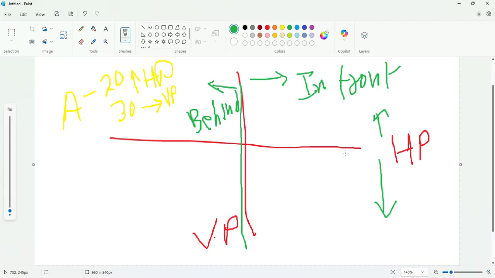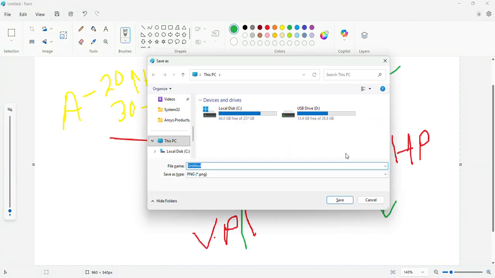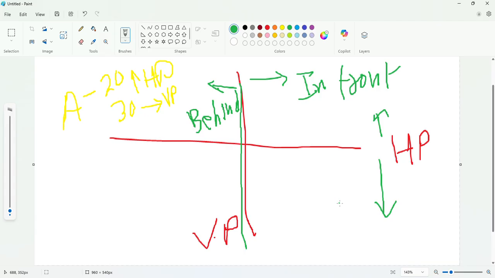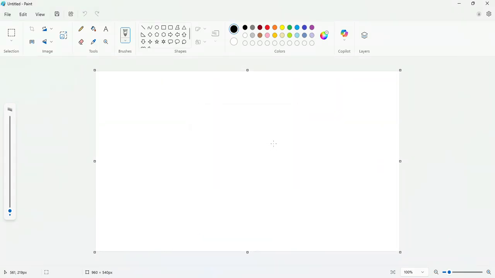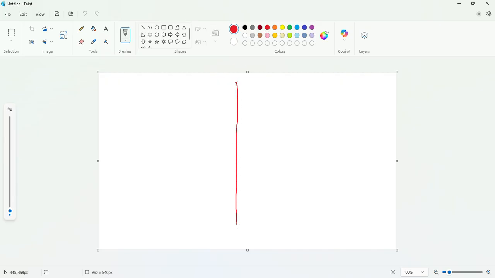So you can assume this in a 3D plane. For example, this is XY and this is X and this is Y. To assume this in 3D, what we can do is like this. This is the reference point.